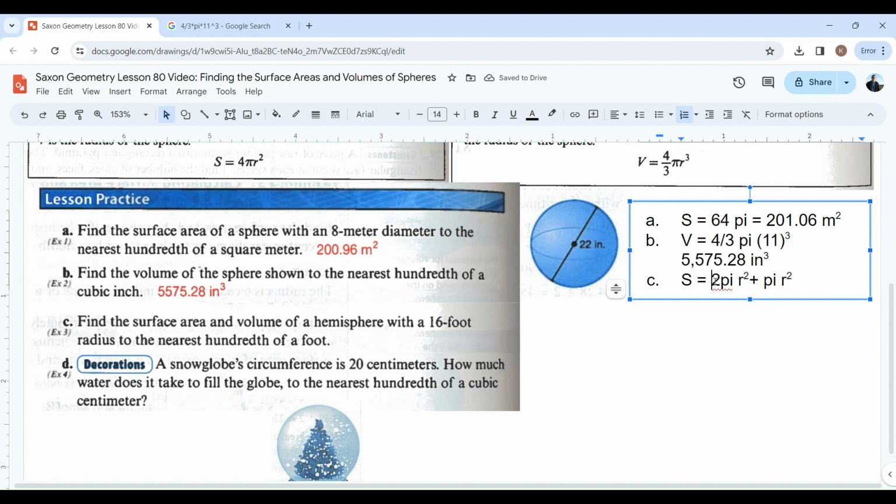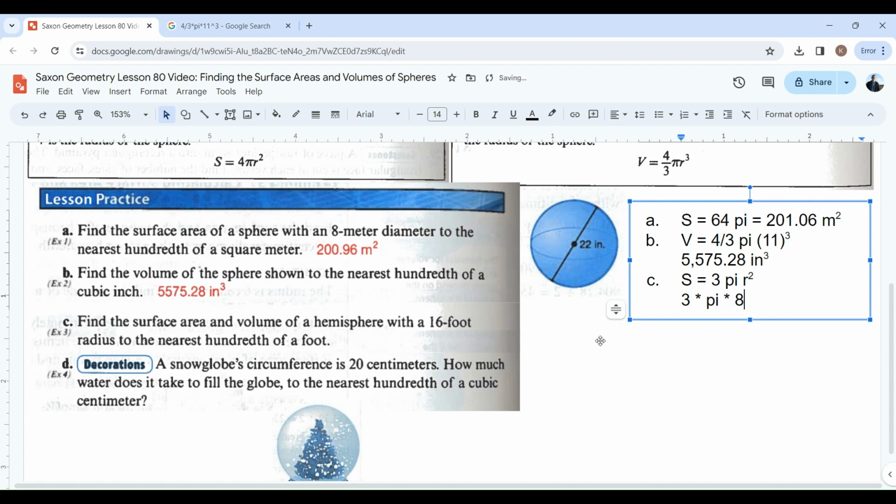When I add these together, the surface area of a hemisphere is actually 3 pi r squared. That's pretty wild, isn't it? Because you wouldn't expect that, you have this curved surface and this flat circular surface. You wouldn't expect it to come out that simply, but let's see if it actually does. So it's going to be 3 times pi times 16-foot radius.